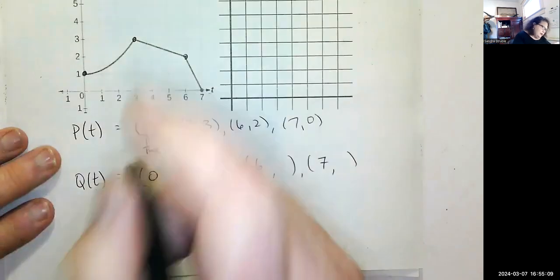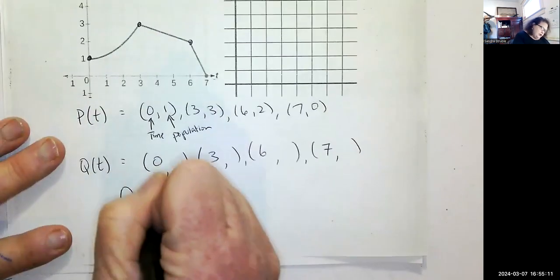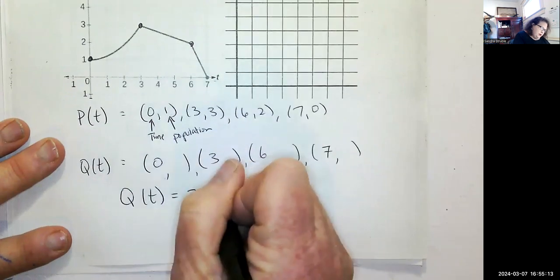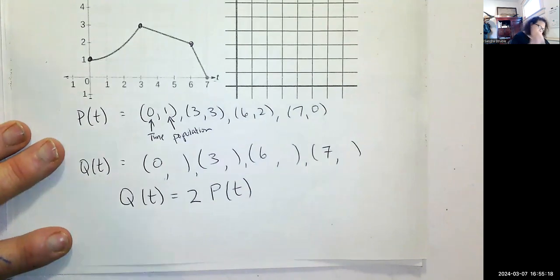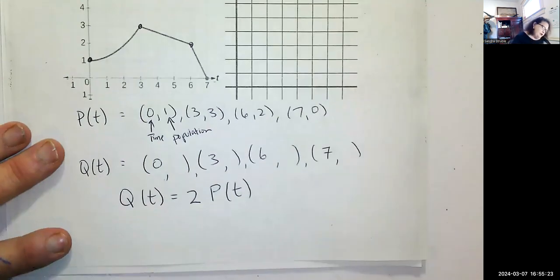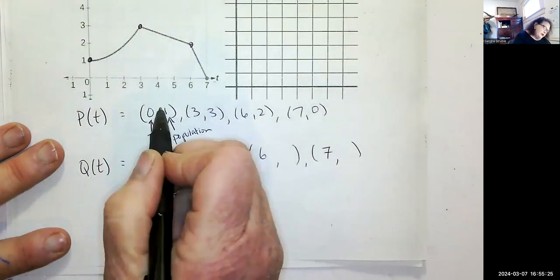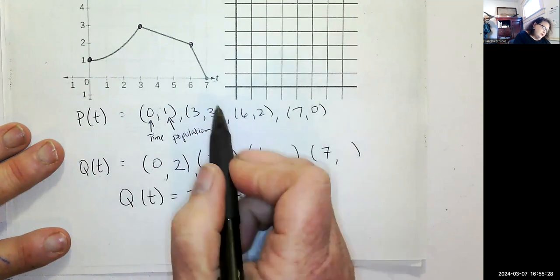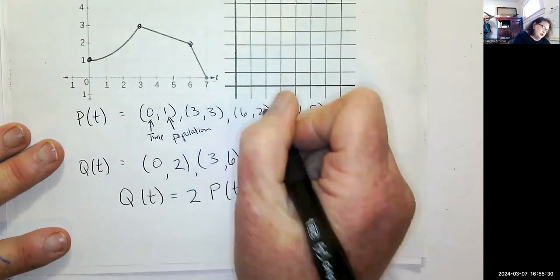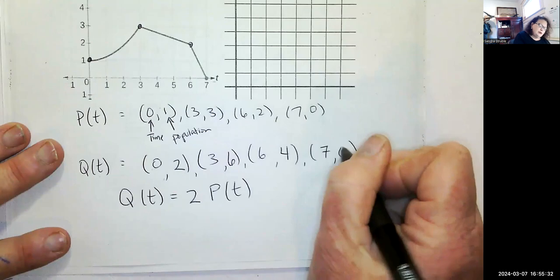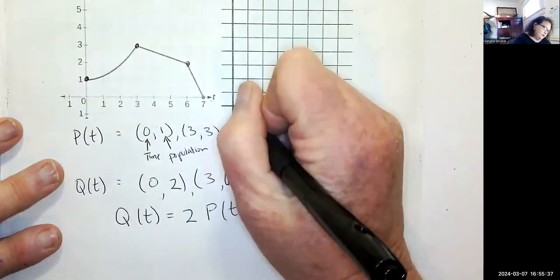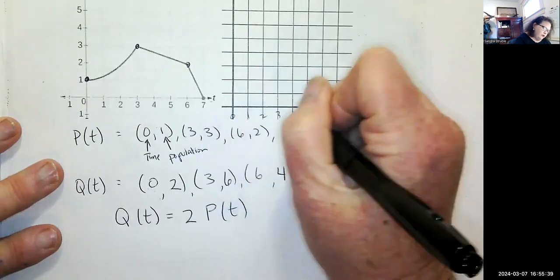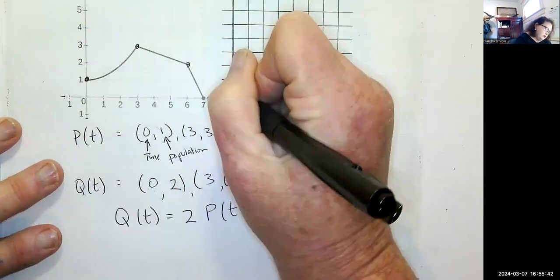The way to explain this is Q of T is equal to twice the population P, for any input T. So at 0, 1 is going to become 2. 3 is going to become 6. 2 is going to become 4, and 0 times 2 is still 0. All right, 0, 2, I'm going to plot. So 0, 1, 2, 3, 4, 5, 7, 2.